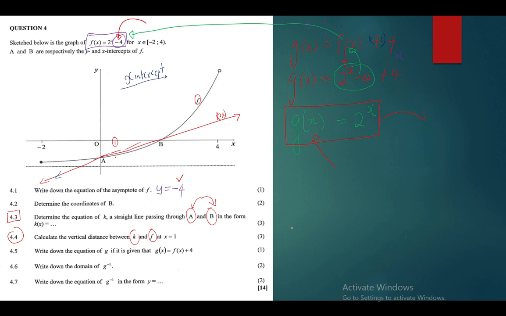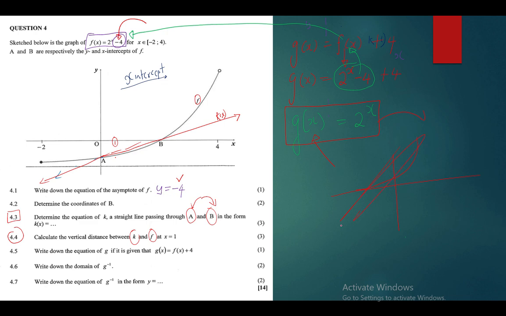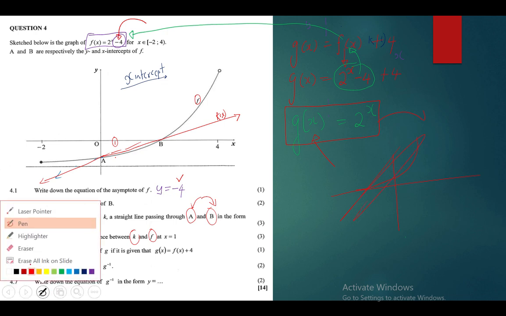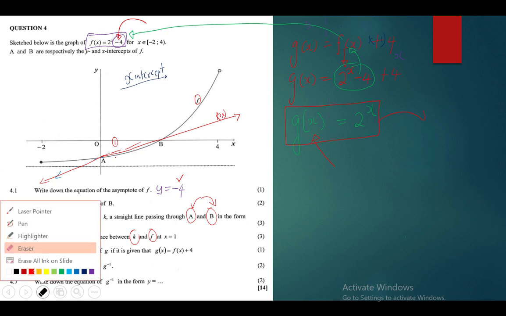Another thing you can do, you can even try to sketch this graph, g of x equals 2 to the exponent x. If you sketch the graph, you will realize it is a graph of this form. Sorry, it must not touch the x-axis.